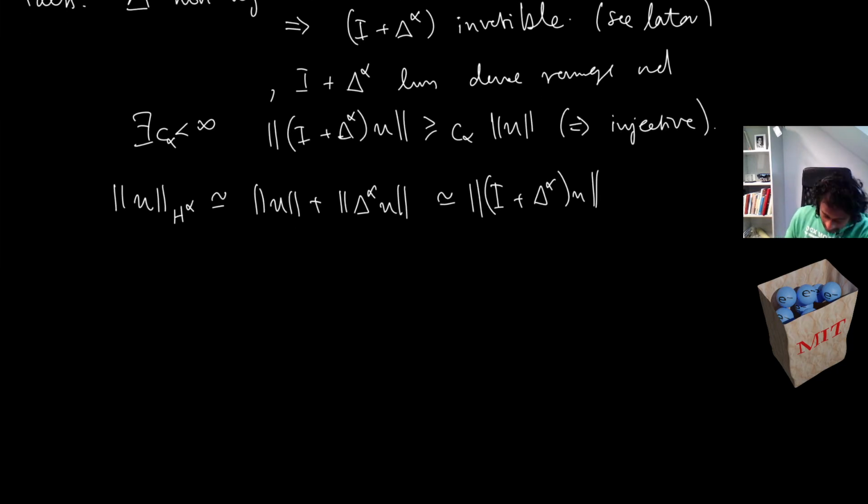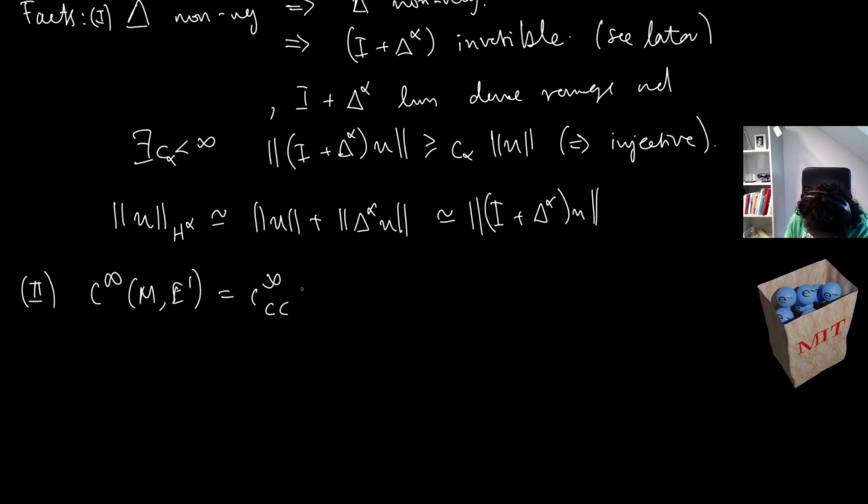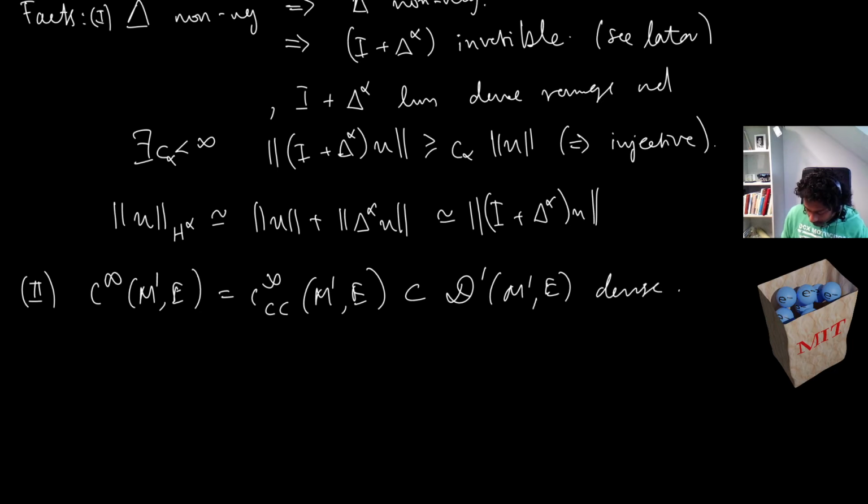Okay. So another fact. So there's two facts. So the first thing is this. The second fact is that C infinity M prime E, because we're compact, is dense in the topology of distributions.